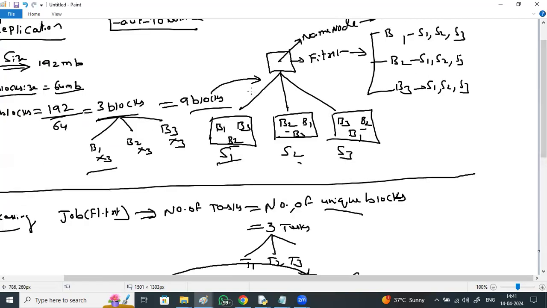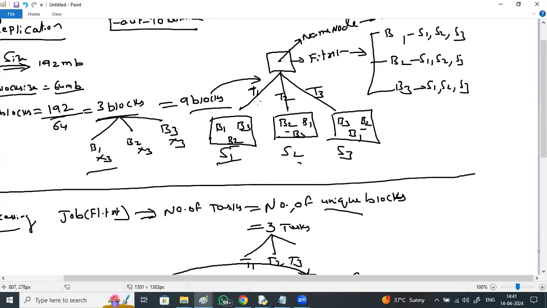The 3 tasks are assigned to the 3 systems, 3 slaves.